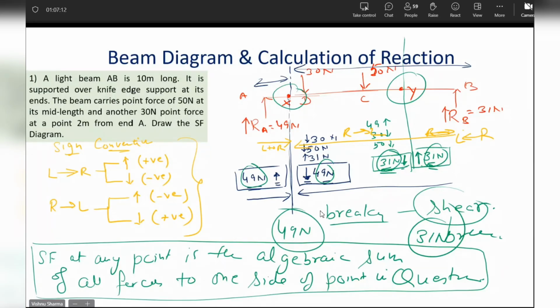Correct, beta? Understood, beta? Left to right, right to left concept? Is that clear? Yes, sir. Clear.